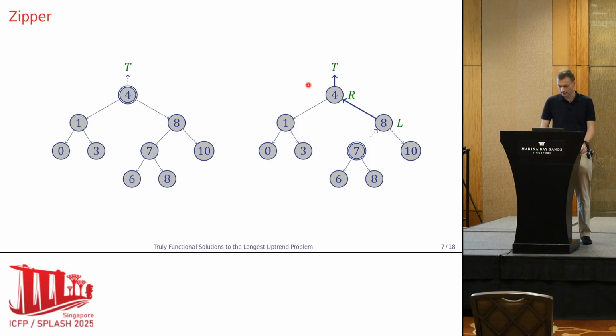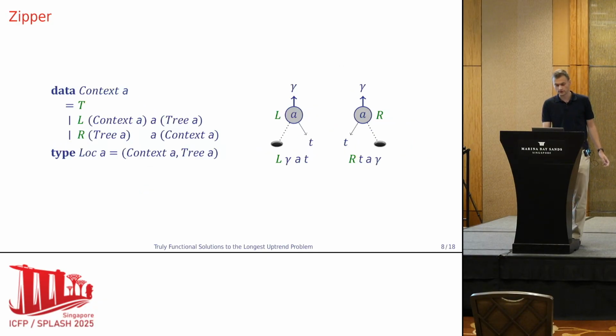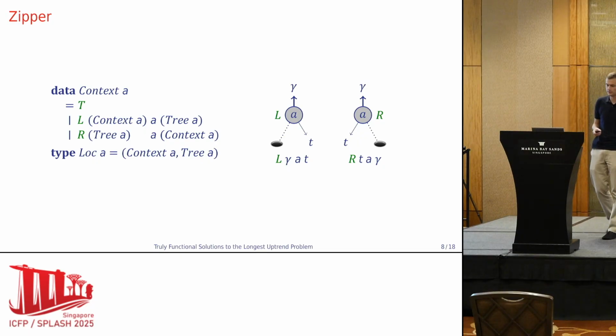We can go right or left, and then right and then left, and then our focus is on the tree with root node 7. So we can have direct access to the 7, and the remaining part here is the context. The context is basically a tree with a hole and an upwards pointer, and a location is then just a pair. So how does binary search now look if we use zippers instead of integer indices?